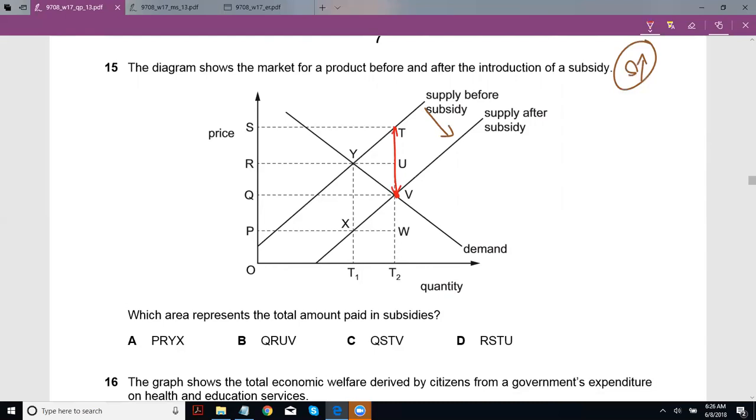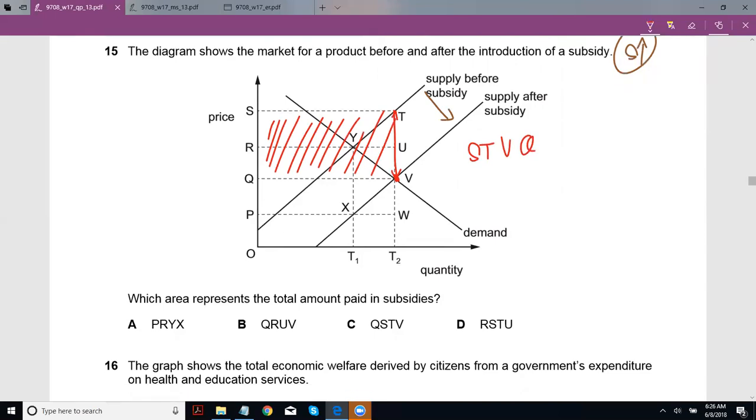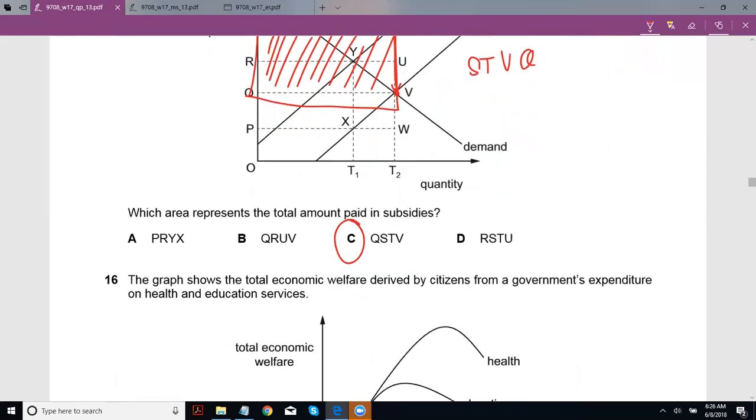But just remember, for the tax you'll be looking at a different equilibrium, because you have to look at it from the new equilibrium point. That's very important. And then you look at quantity, you just multiply that by quantity to get the overall amount paid in subsidies. That's STVQ in some order. And I believe you can say it's C, because QSTV, yeah, it's the same thing as saying STVQ.